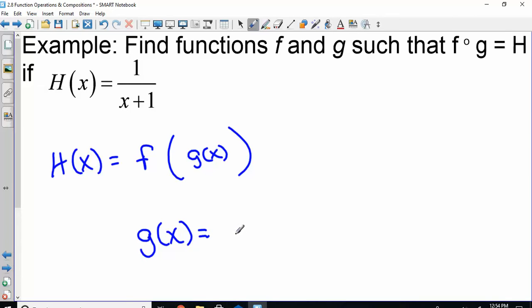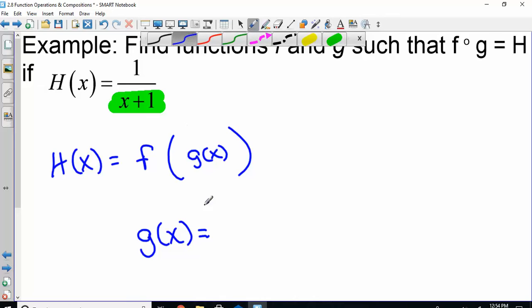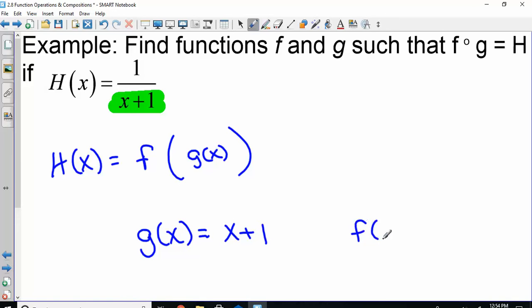G is your inside function, or the first thing you do. If you have 1 over x plus 1, what are you going to do first? Can we just do the bottom, x plus 1? So that would be my g. Then my outside, all you have to do is take out that x plus 1 and replace it with x. So it would be 1 over x.